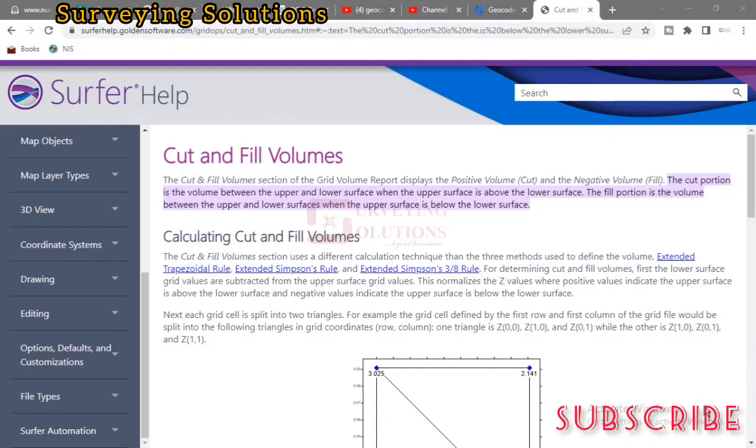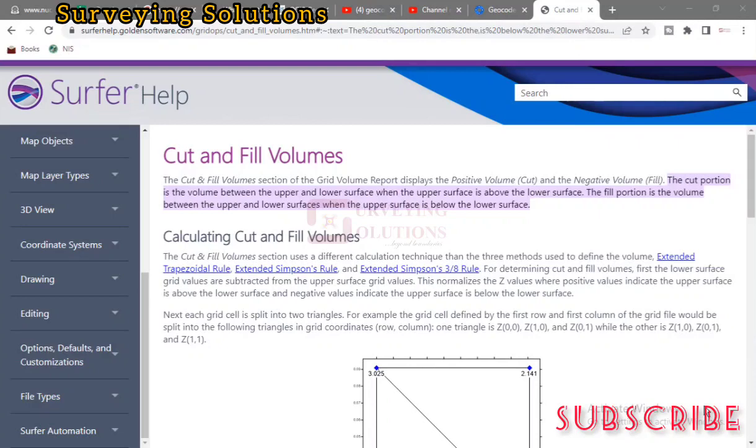We are going to show you how to carry out cut and fill analysis, right? Generally, when you're carrying out tasks that have to do with the volume of earth materials, there are times you have to cut some parts and times you have to fill up some parts.